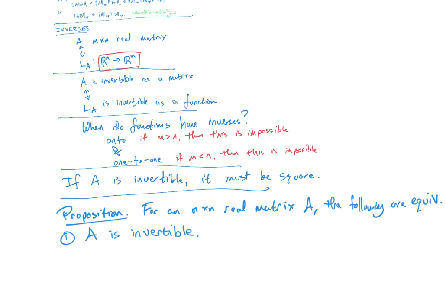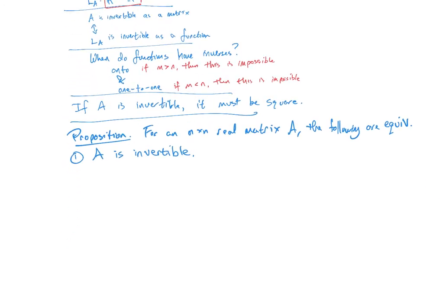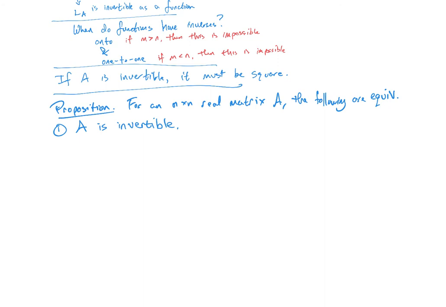What are equivalent conditions to invertibility for a square matrix? The determinant is non-zero. There's more though. The rank is n.